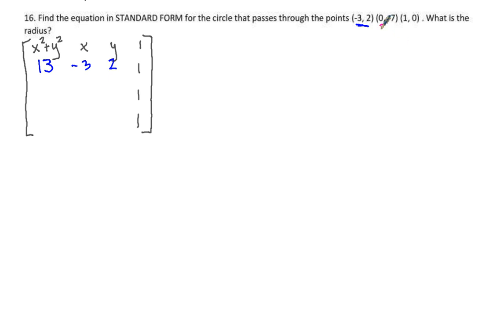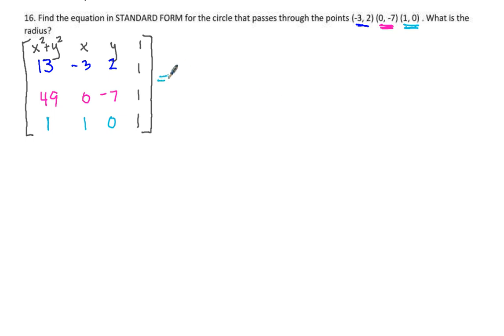Okay, we do the same thing with our next point, 0, -7. 0 squared is 0, plus -7 squared is 49. And we do the same thing with our last point, 1, 0. So the x column is 1, the y column is 0, and 1 squared plus 0 squared is 1.